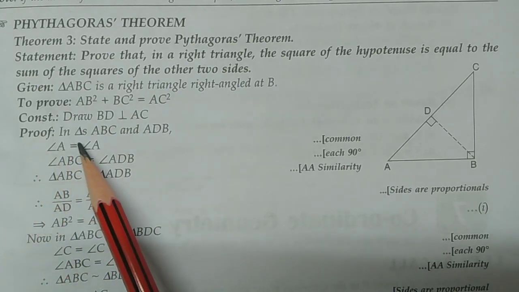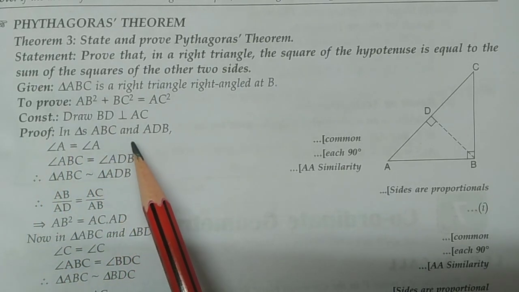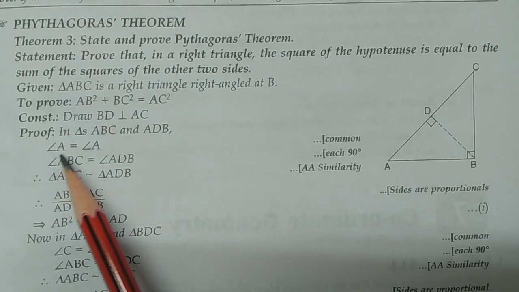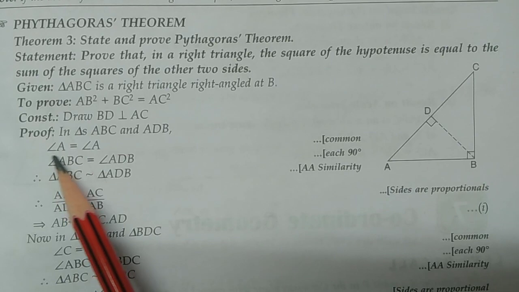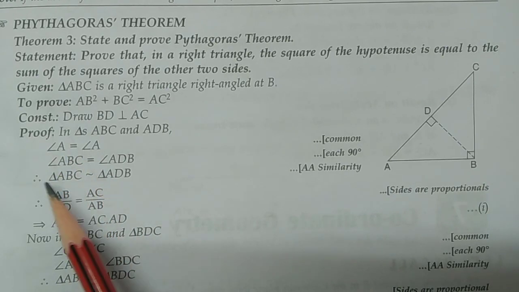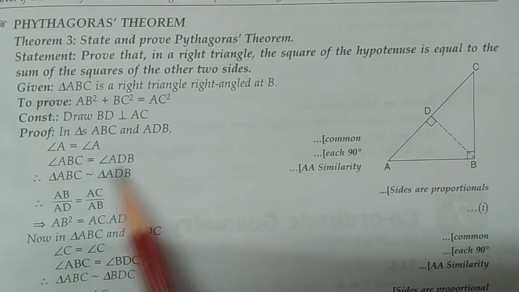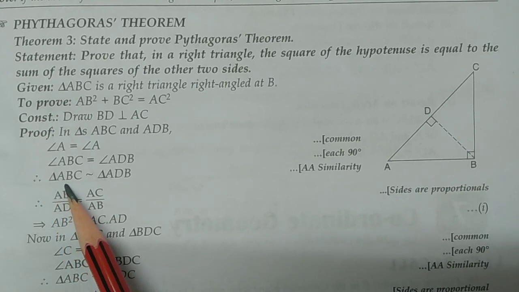Proof: in triangles ABC and ADB, angle A equals angle A, and angle ABC equals angle ADB. So triangle ABC is similar to triangle ADB, and so AB by AD equals AC by AB.